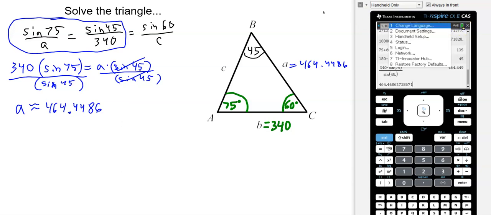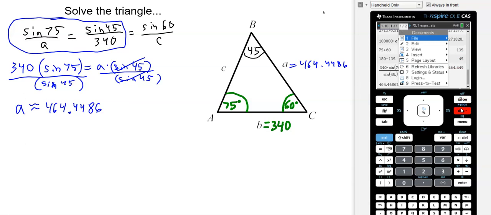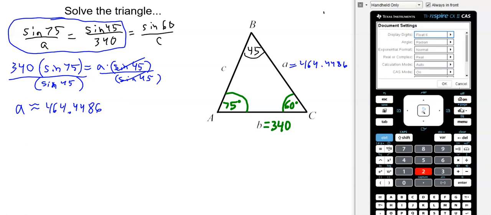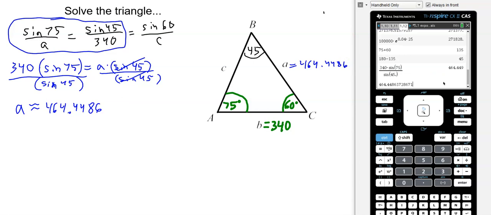So it's weird. Okay, so let's change it the other way. If you go to document settings, change it to degree mode, and say okay. And now it's degree mode. That's weird. It should work. I don't know what that was.